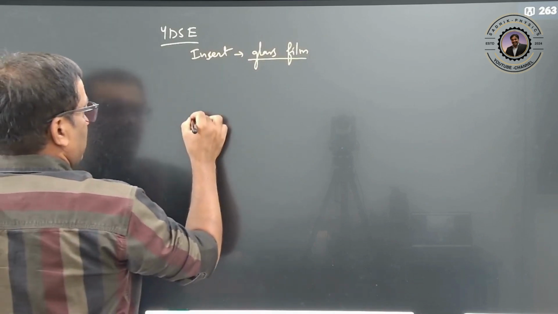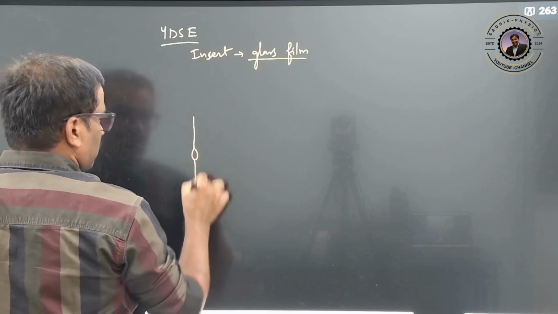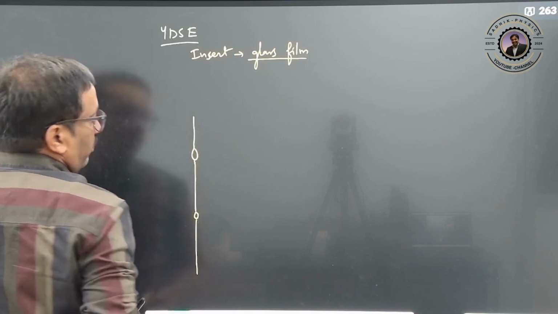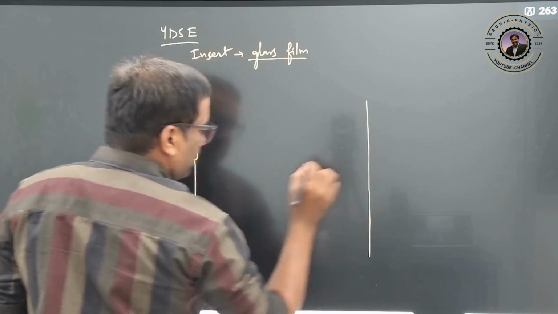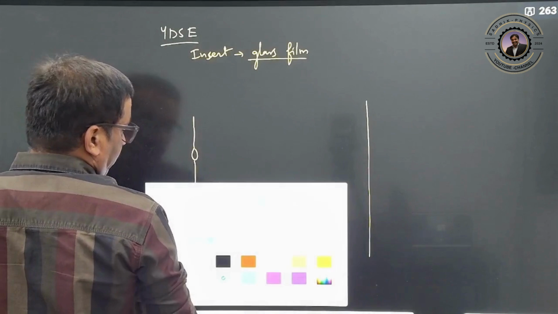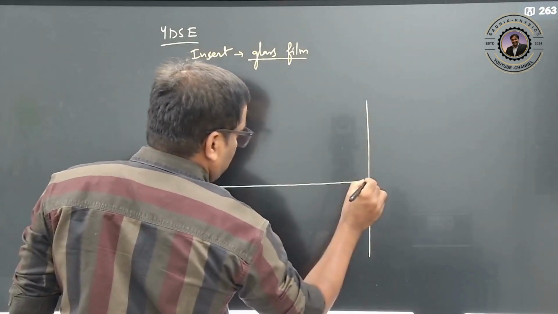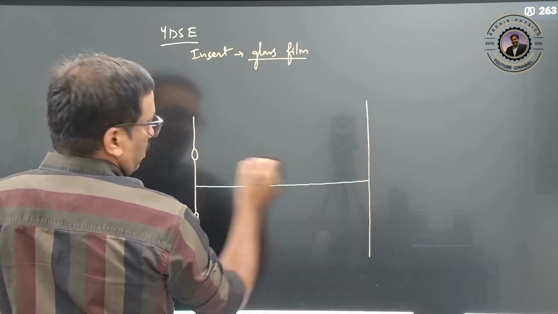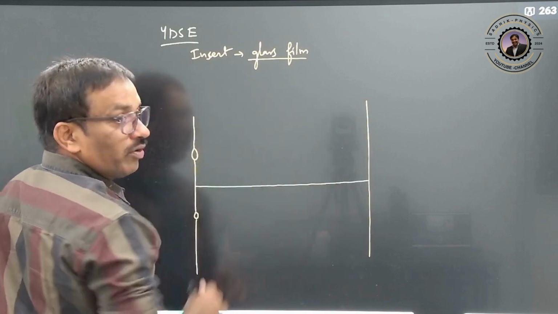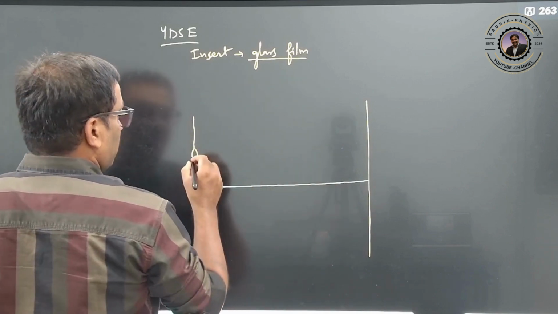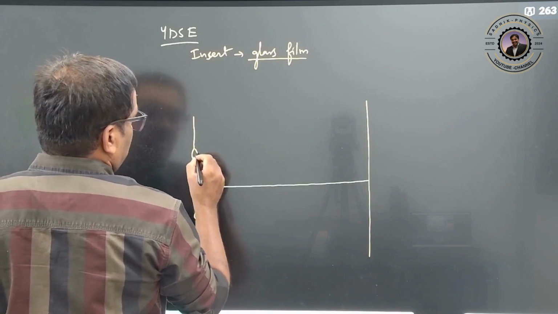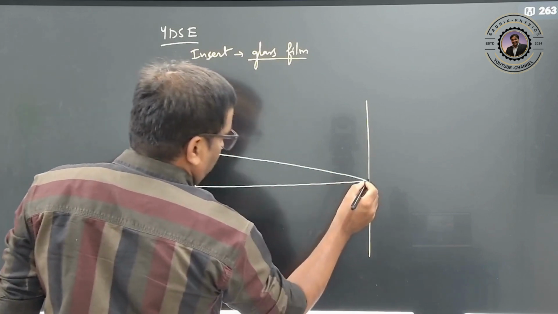Let us see, you can understand very clearly. Very interesting. This is your screen. Without anything, you will get the central maximum here. Suppose in this one path, what you are going to do is insert something.